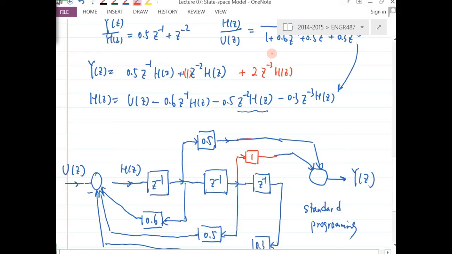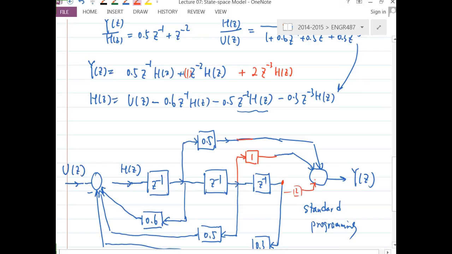So where's that z to the power -3 h of z? Here, this signal. So that signal times a block, gain of 2, and feed it here. It will give you the updated diagram.